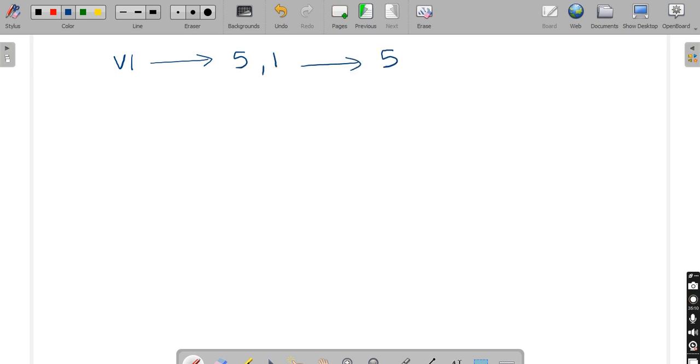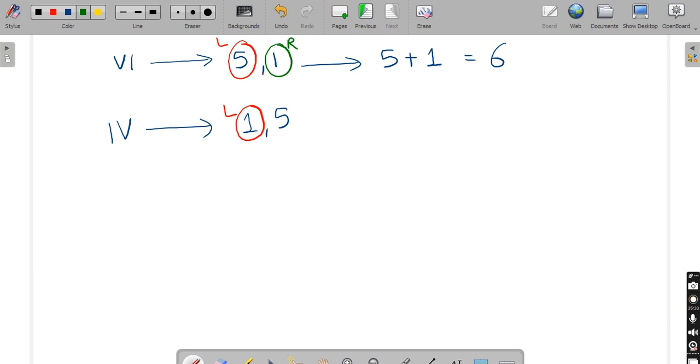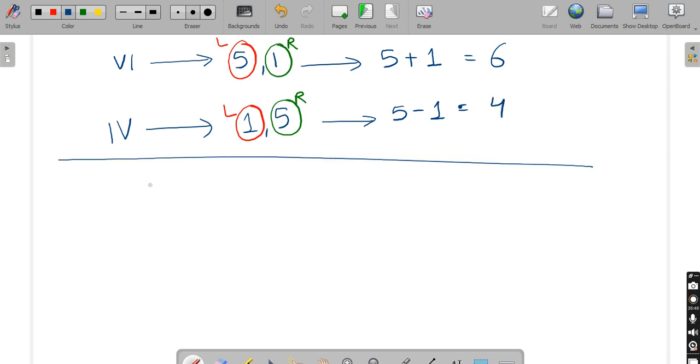In that condition you should add the numbers, and you will get 6. Similarly, suppose IV is written, meaning 1 and 5. Let me denote by color: red is the left side and green is the right side. If the left number is smaller, then I subtract that number. Then the answer will be 4. I hope you understood. Same logic.